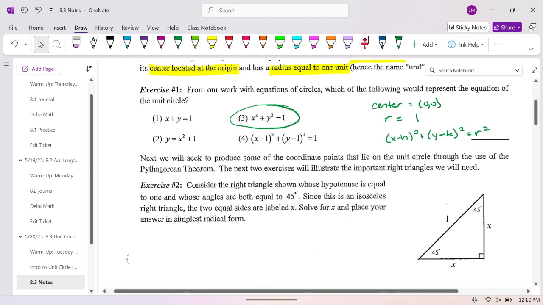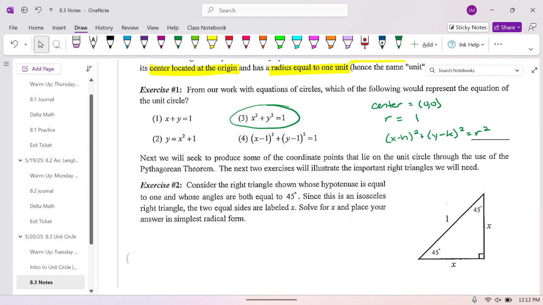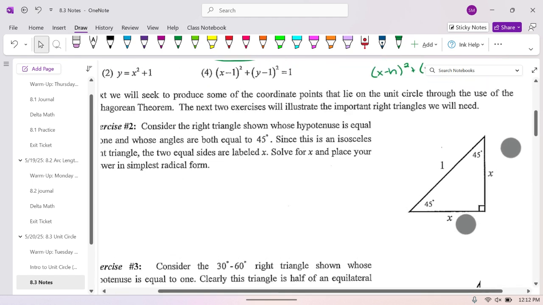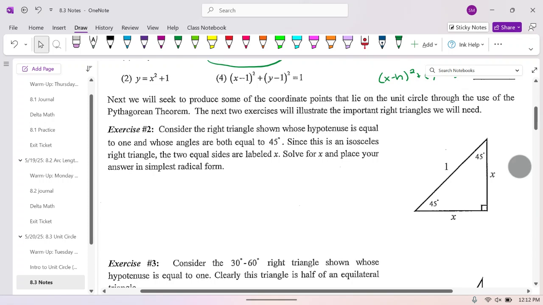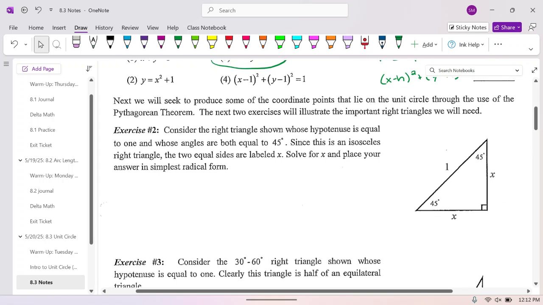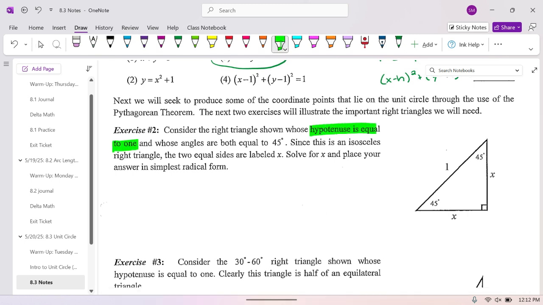Now, we got to seek to produce some of the coordinate points that lie on the unit circle through the use of the Pythagorean theorem. So these next 2 exercises, we're going to kind of figure it out. All right. So consider the right triangle shown whose hypotenuse is equal to 1 and the angles are both 45.